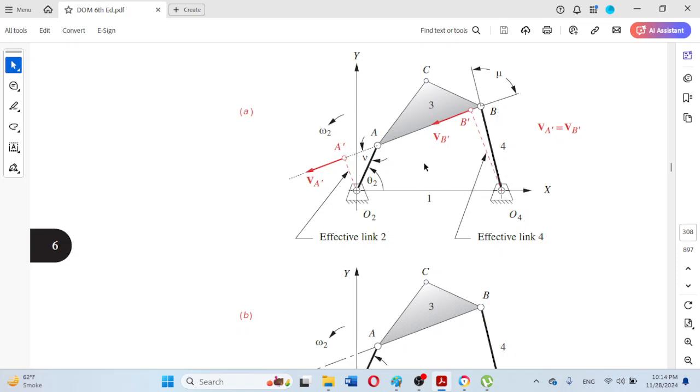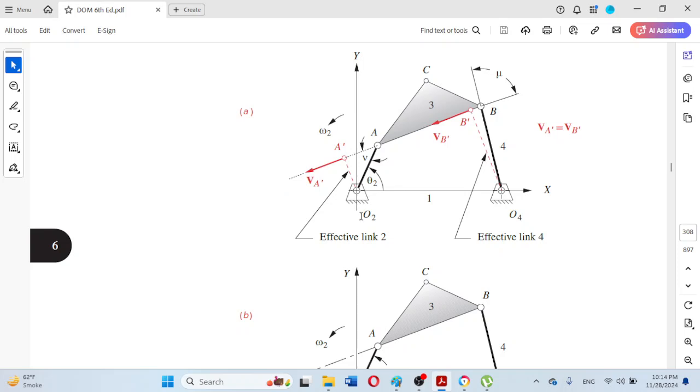The necessary requirement for the effective links is that the two lines which pass through pivots O2 and O4 must be parallel with each other and should intersect this extended coupler link.